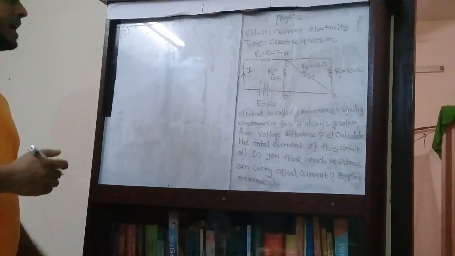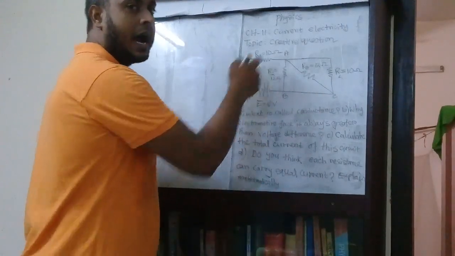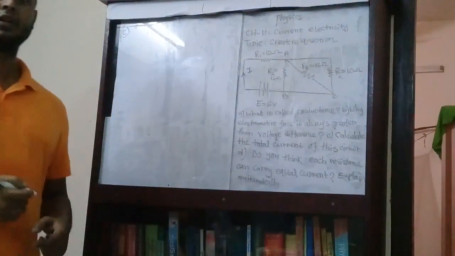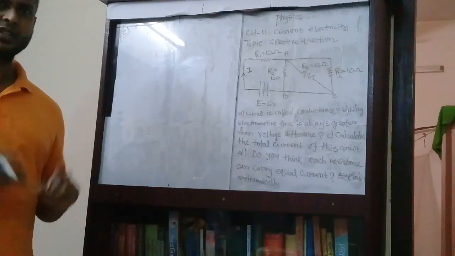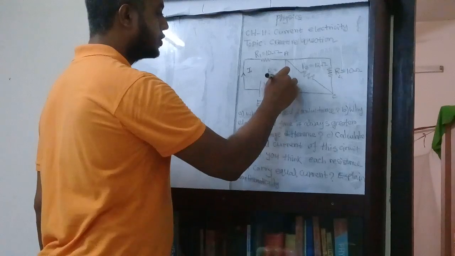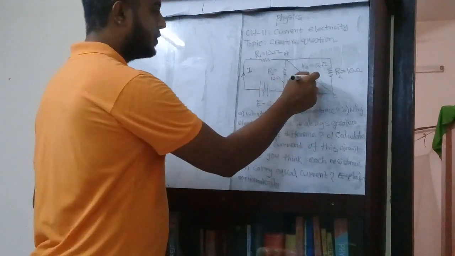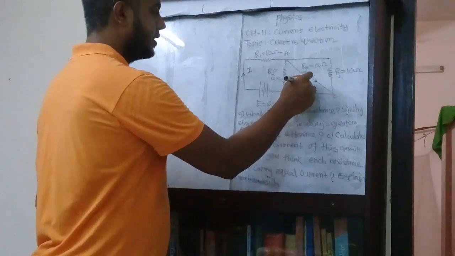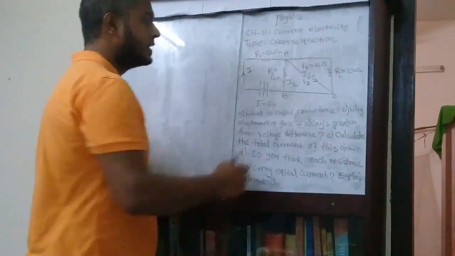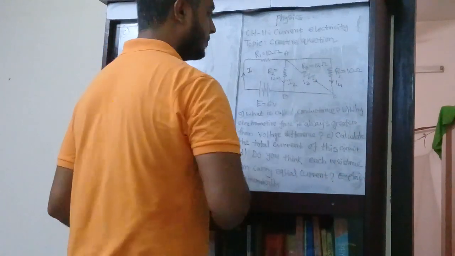This I amount of current, when it reaches point A, is divided into three parts, not equal parts. Some part of the current passes through R2, that is I2, some part passes through R3, that is I3, and some part passes through R4, that is I4.